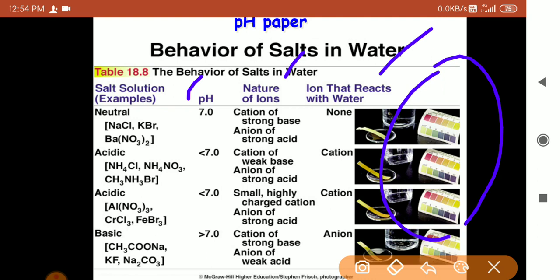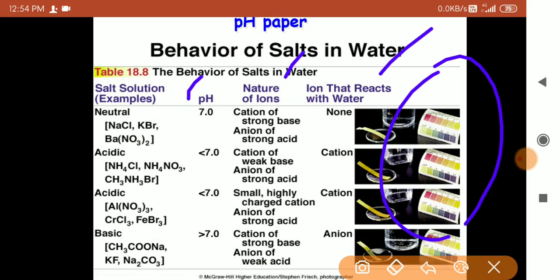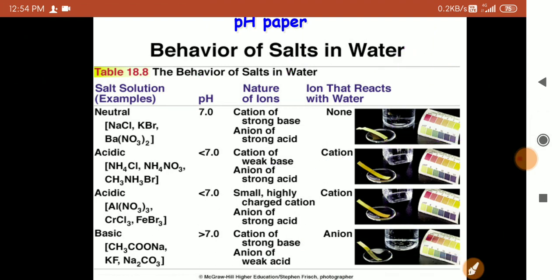So these have pH less than 7, because the cation of a weak base is there and the anion of a strong acid is there. So the ion that reacts with water is the cation.